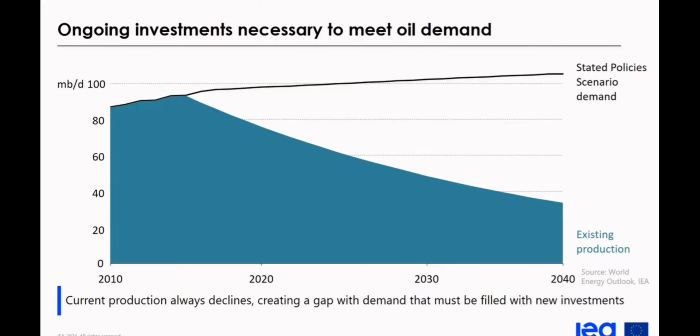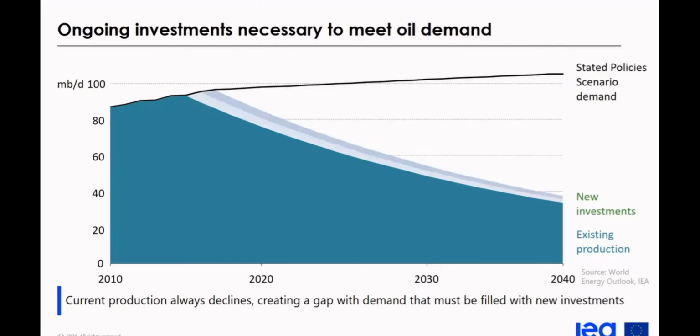So if we want to fill the gap and to continue meeting the demand, we need to invest in new fields. One new investment will bring additional resource to the market, but this field will decrease over time, and this will be the case for all new fields.